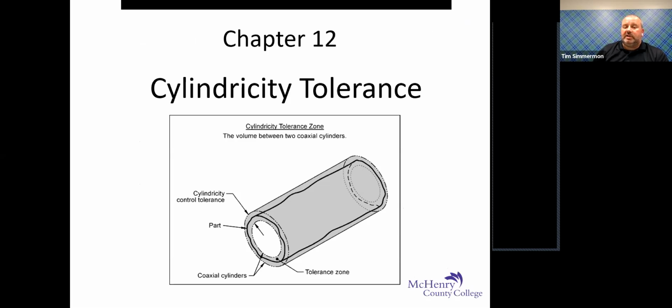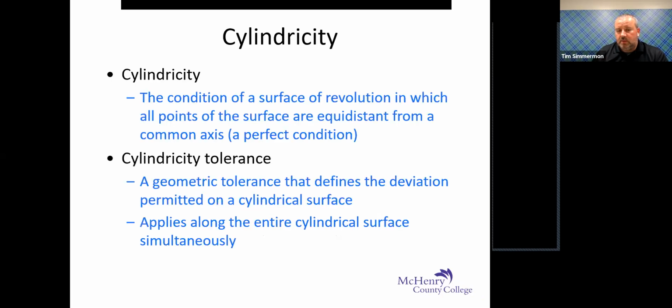So we move from circularity to cylindricity, and circularity is the 2D brother to cylindricity. A circle is a 2D feature, where a cylinder is a 3D feature. We'll talk about the differences here in a minute too.